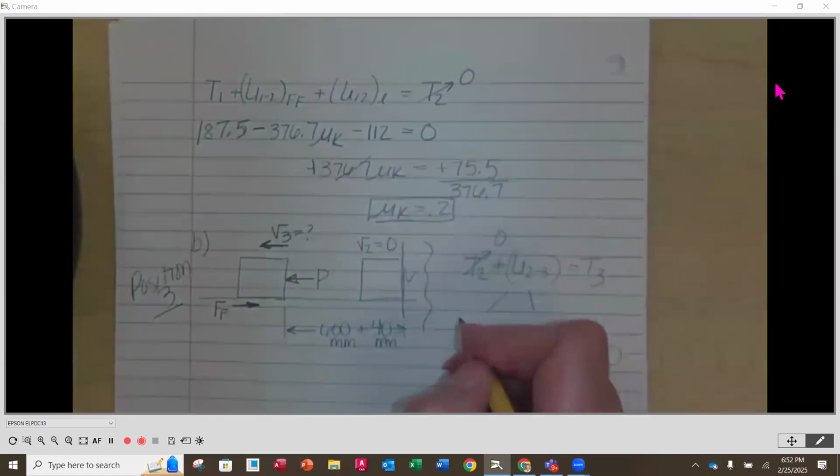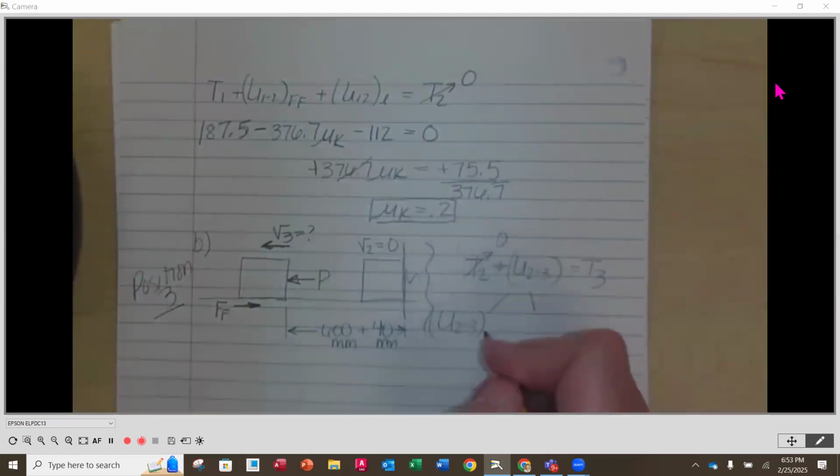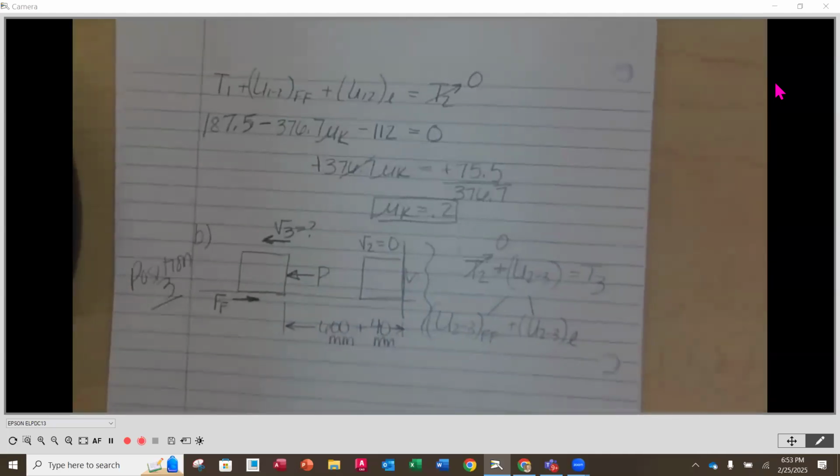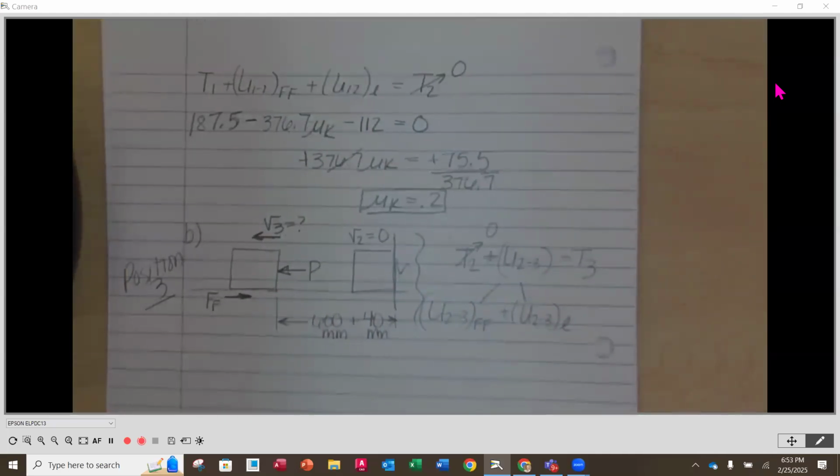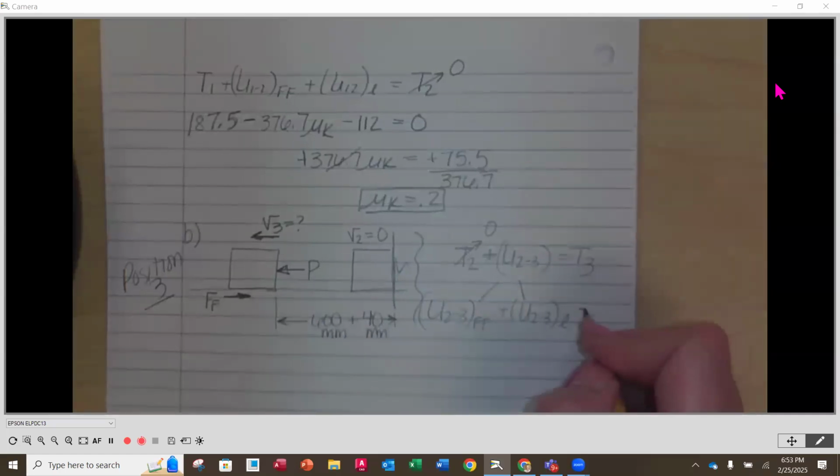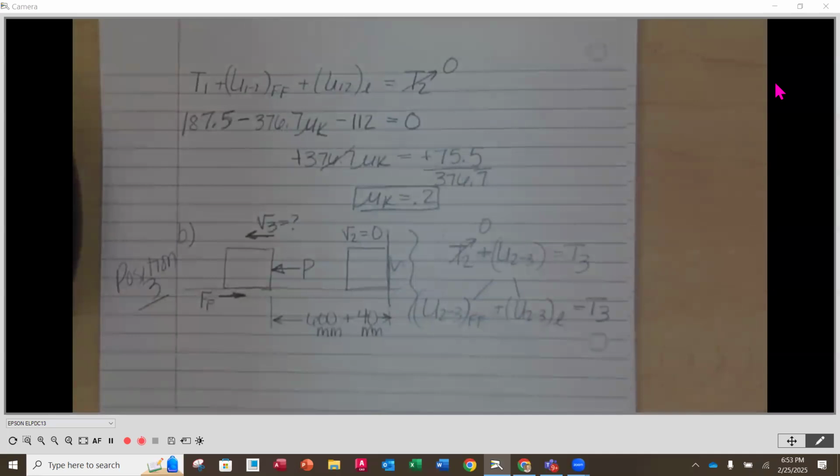This is going to be U 2 to 3 for the friction force plus U 2 to 3 for the elastic spring force is going to be equal to T3. So these are the three parts that we now have to calculate for finding the velocity 3.